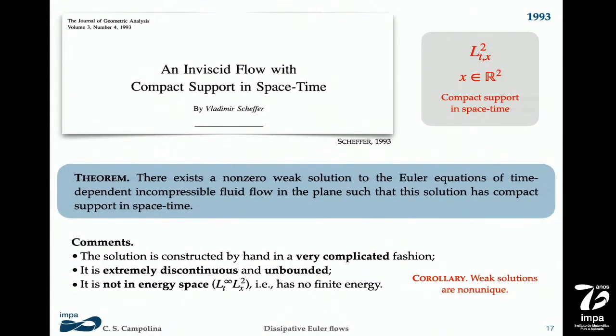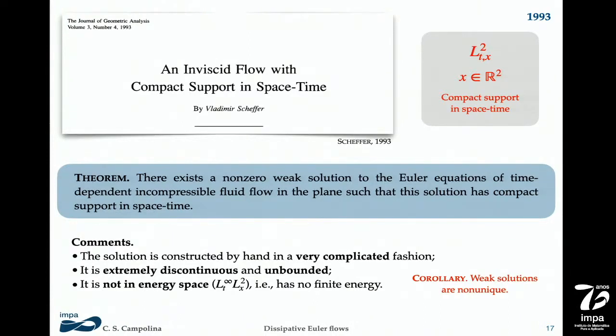And as time evolves, something occurs because the solution has compact support, and then after some amount of time, it remains steady zero again. Okay, so this is a very counterintuitive example, and it's a very, very nice theorem.